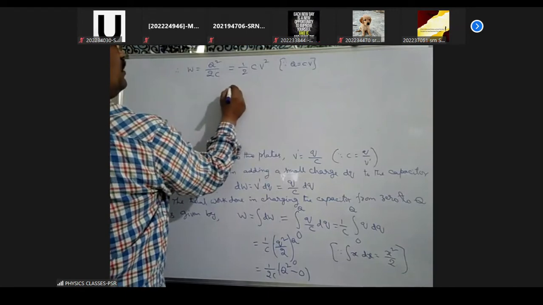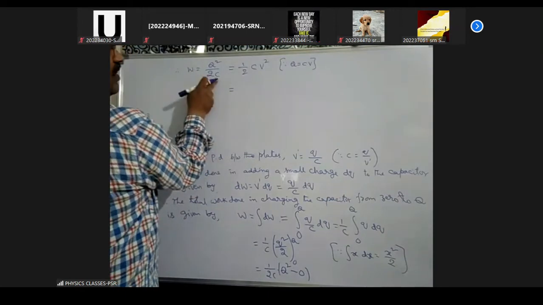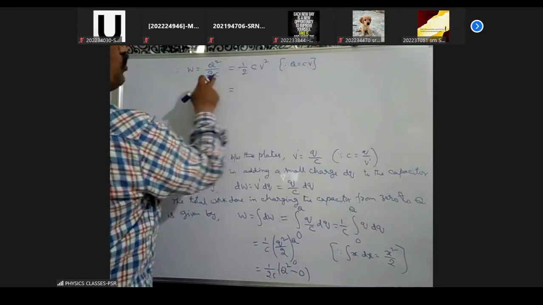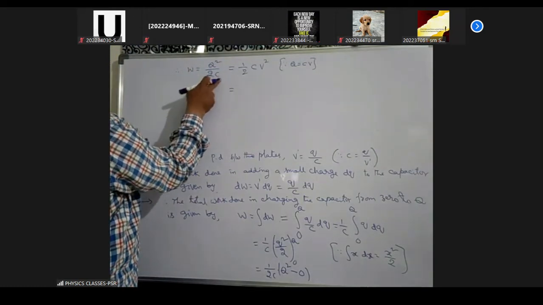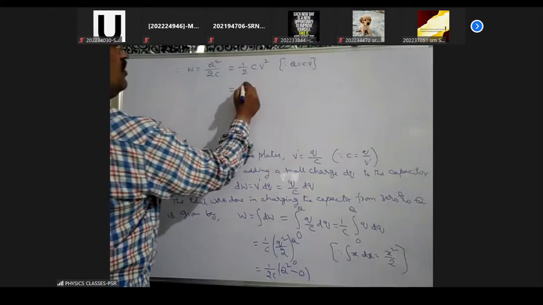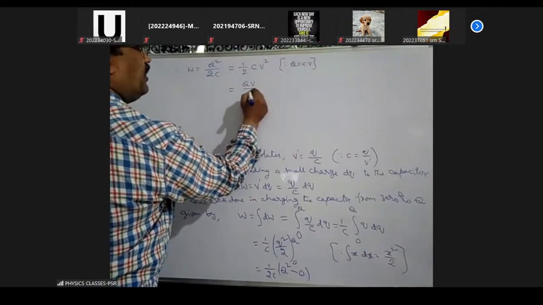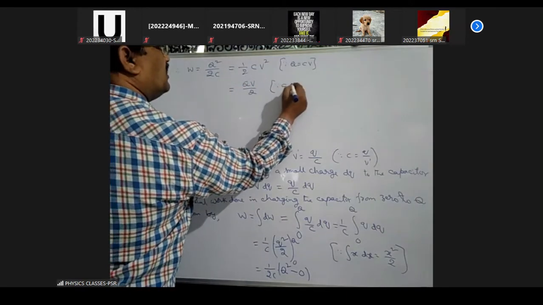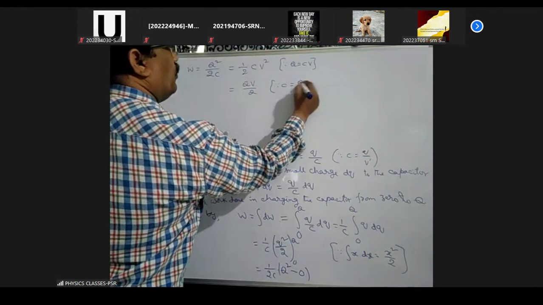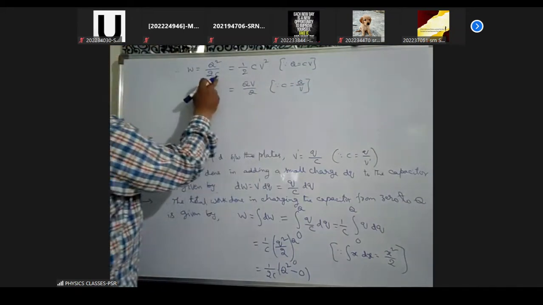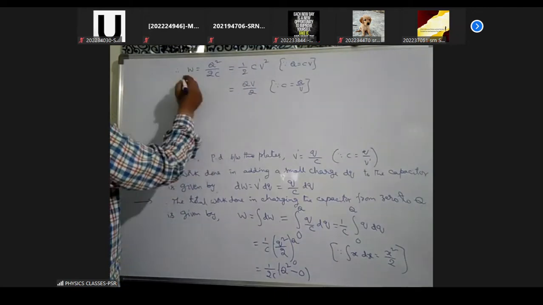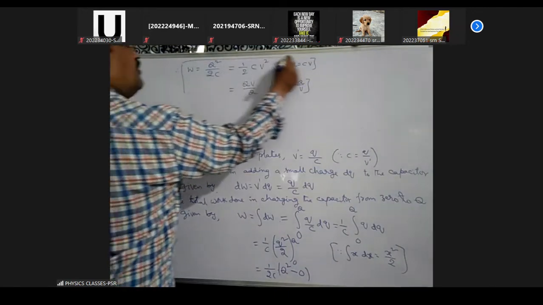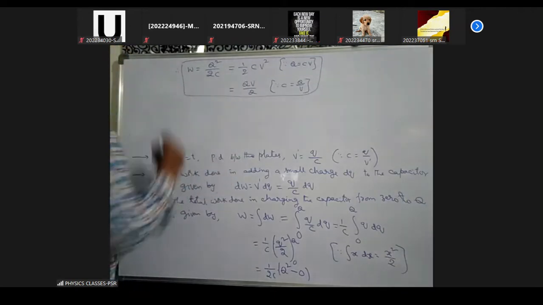Also this can be written using C is equal to Q by V. By substituting C is equal to Q by V, Q gets cancelled, the denominator V goes to the numerator. So this can be written as QV by 2. This is the expression for work done in charging the capacitor.